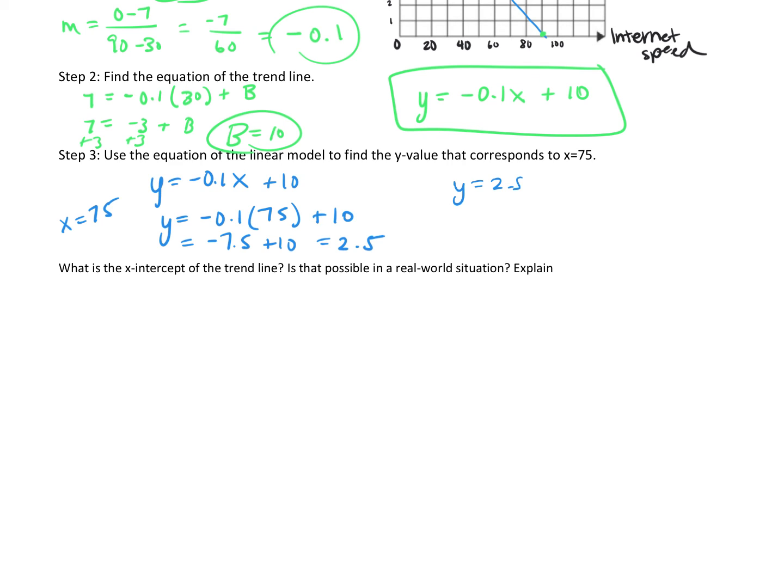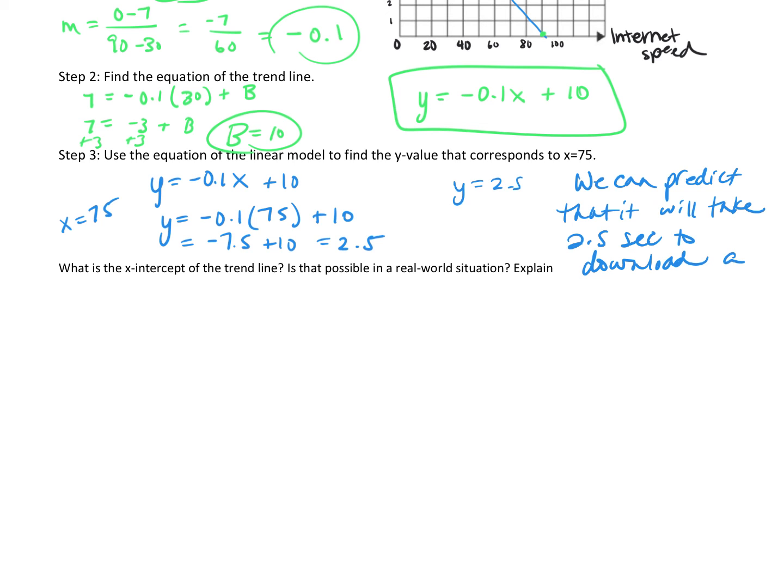So we can predict that it will take 2.5 seconds to download a file if the internet speed is 75 kilobytes per second.